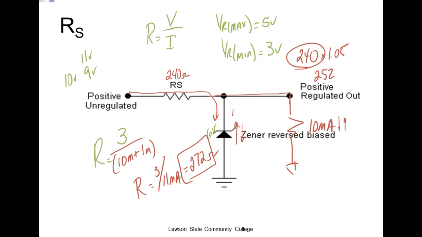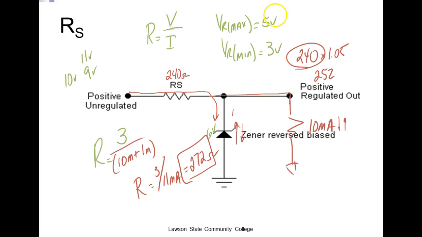Tell me what I need to do next. Are all 240 ohm resistors equal? Okay, what are two things resistors are rated at? All right, so I have to make sure I choose the right wattage resistor, right? So I have to calculate watts. Not for my calculated resistor, for my chosen resistor.